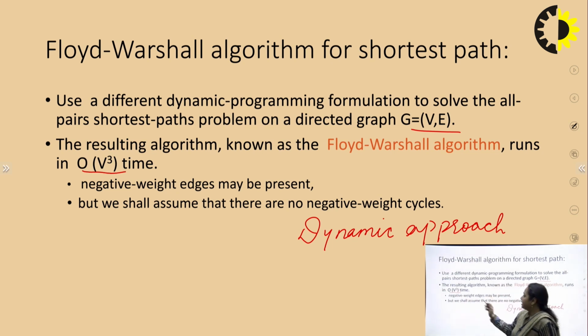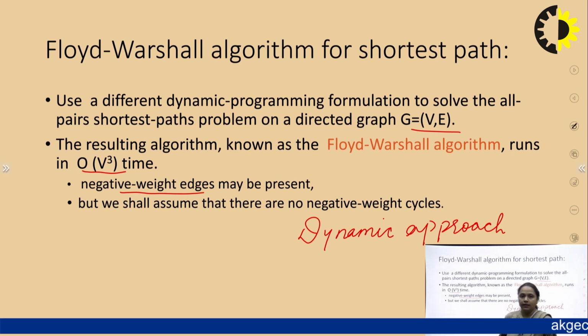Next, the Floyd Warshall algorithm also supports negative weight edges, means the weights in a graph can also be negative. As in Dijkstra's algorithm we discussed the weights can be positive only, but in case of the Floyd Warshall algorithm we can have negative weights also. But we shall assume that there are no negative weight cycles. So this is a constraint with the Floyd Warshall algorithm, that there should not be any negative weight cycle.